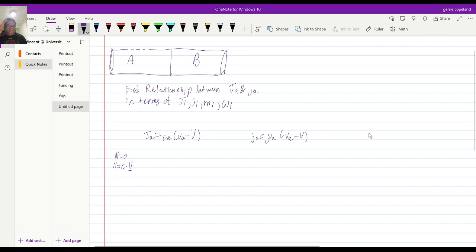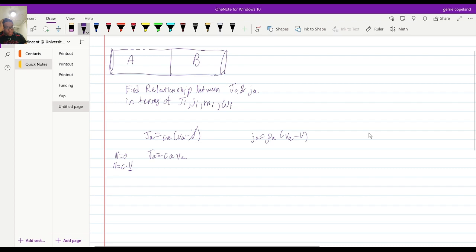So we can go ahead and cross that out. We are now left with C_A V_A.